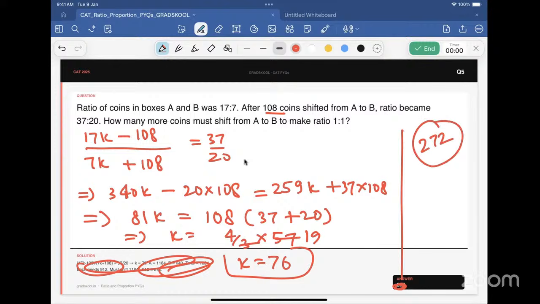This question is similar to the previous one, right? You need to put K as 76 here, and then find how many more coins must shift. So basically the new equation will be something like this: 17 into 76, so 17K minus 108 minus X upon 7K plus 108 plus X should be 1 by 1. And you can solve this. You will get 272. Till then, I'm going to charge my pencil. But you will do the next question.